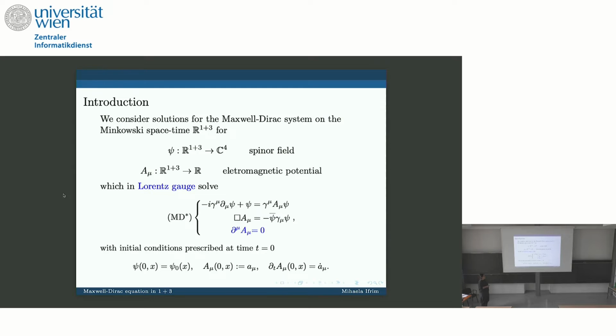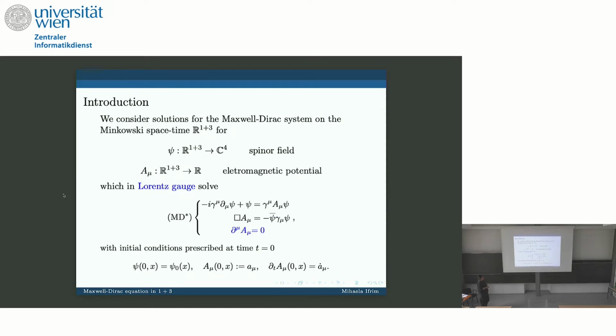The equations are going to look like this. I'm going to explain in a bit who this gamma mu is, but this is the Dirac equation that's satisfied by the spinor field psi. And then you have the wave equation that's satisfied by the electromagnetic potential A. And you see here the coupling that happens between those two equations.